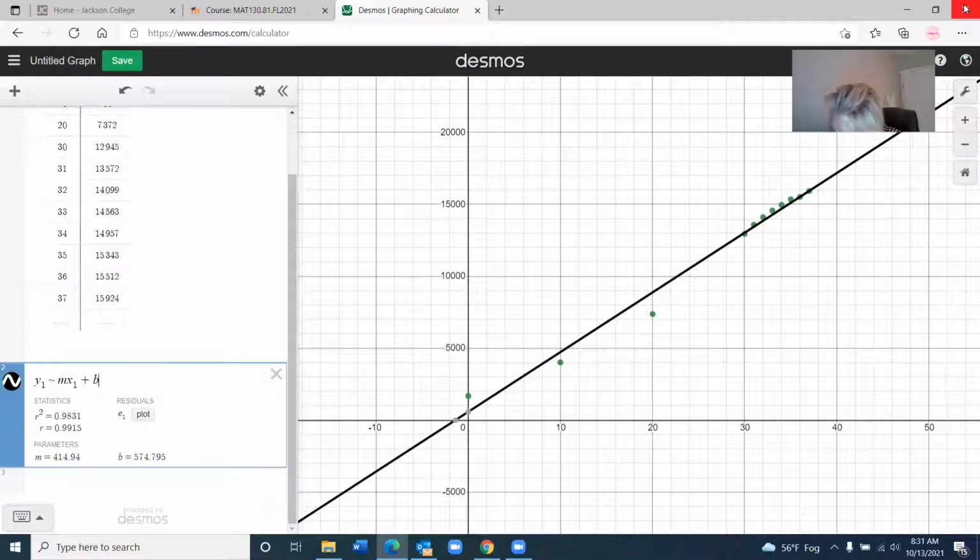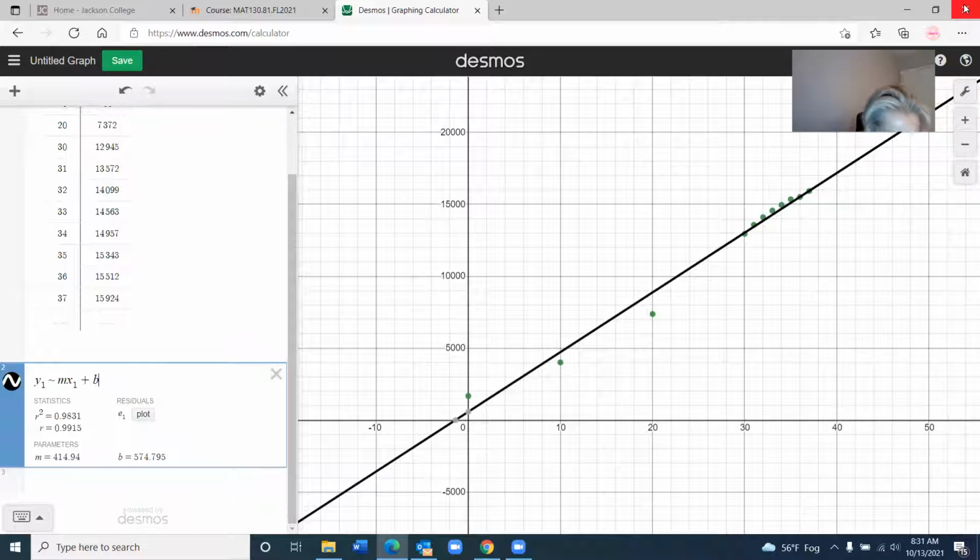And then number 6 says, what is the correlation coefficient for your equation of best fit? Does this change your perspective on how accurately the model fits the data? Explain. So remember, we introduced this back in lesson 2.6 and 2.7. So R, the correlation coefficient, is right there above the parameters.